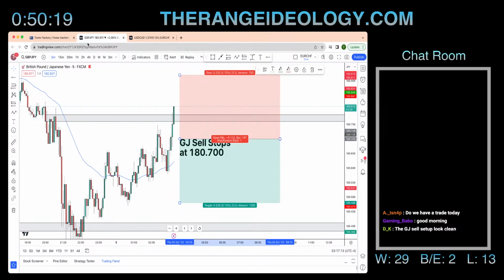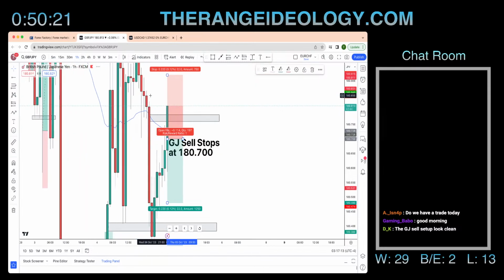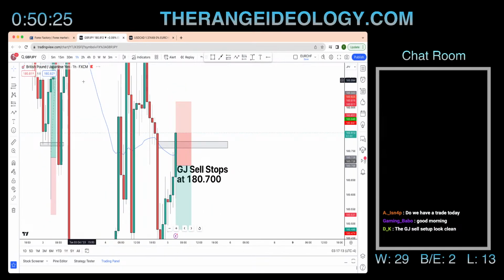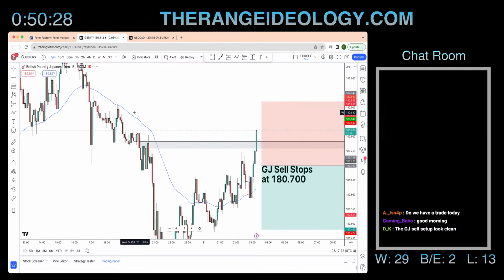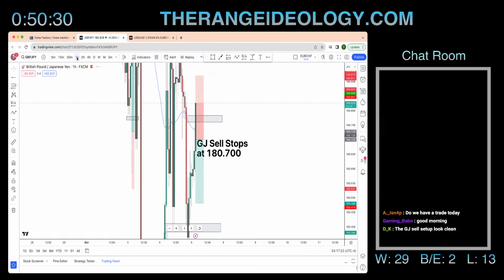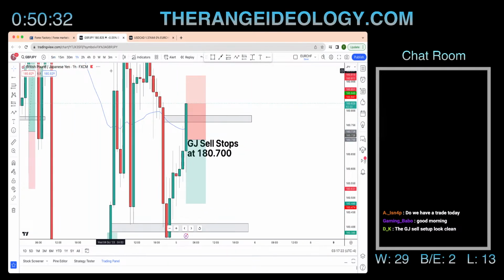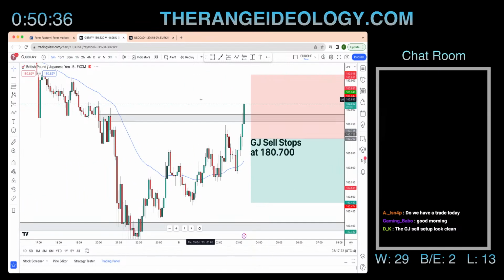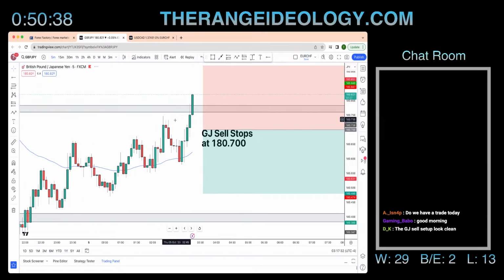It's looking very clean. And again, if GJ just completely pushes up, then obviously this sell stop is voided. But until the hour closes, I mean, this can come right back down. But the strong bullish push here, could it just go over, or does it do the reversal here, right?